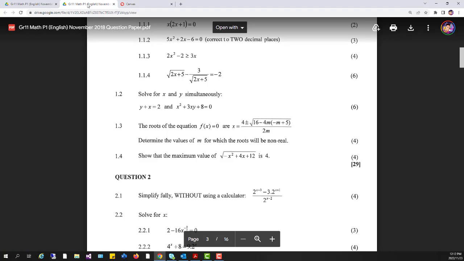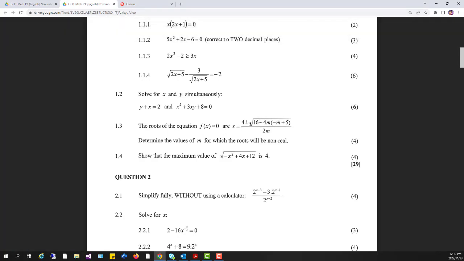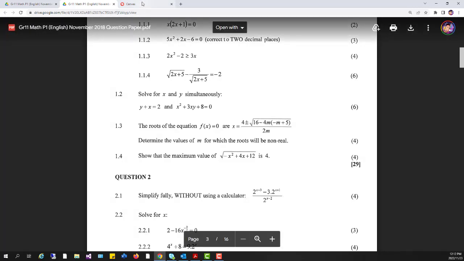All right, so let's go back. On this expression, you will see that what's inside the square root is 16 minus 4m into minus m plus 5. That part is delta. That's what will determine when the roots are non-real.